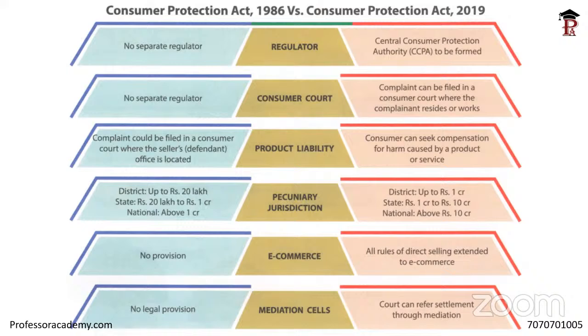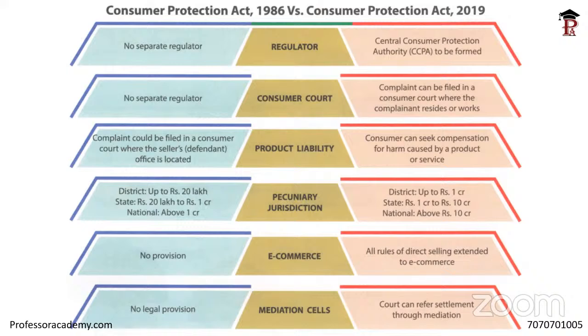In the previous version, I mean the 1986 version, there was no separate regulator. But in 2019 they established the Central Consumer Protection Authority, that is CCPA, to regulate matters related to consumer rights.